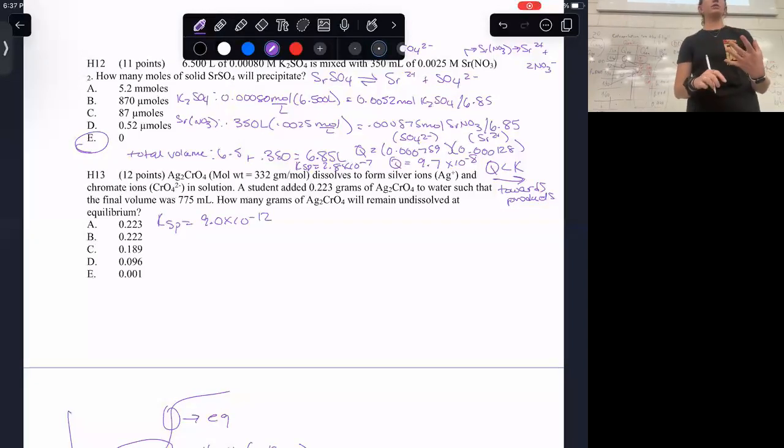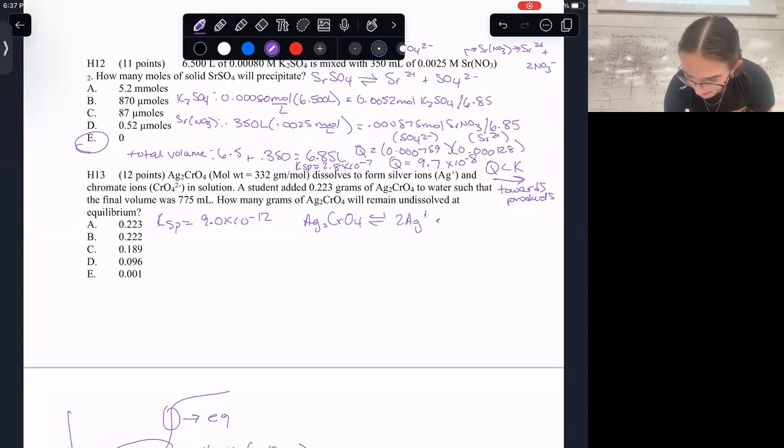The next thing you're going to do is write out your KSP equation, which is silver chromate will form an equilibrium of 2 Ag plus and chromate ions.